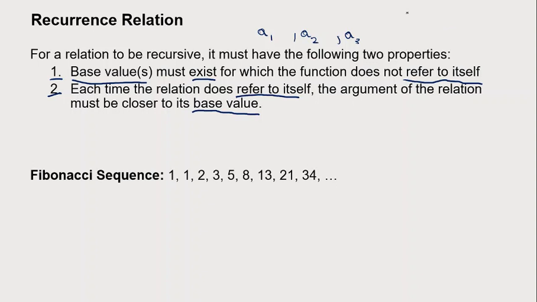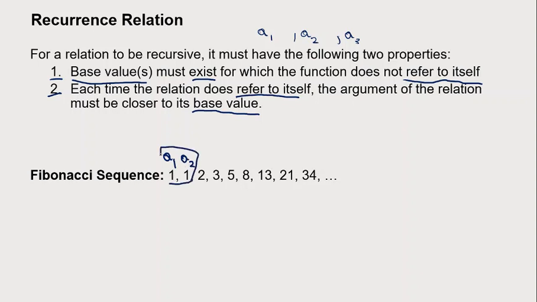Now, the Fibonacci sequence is the most common sequence which is recursive. It's recursive because the very first value in that sequence, A1, as you can see, is 1, and A2 is 1.